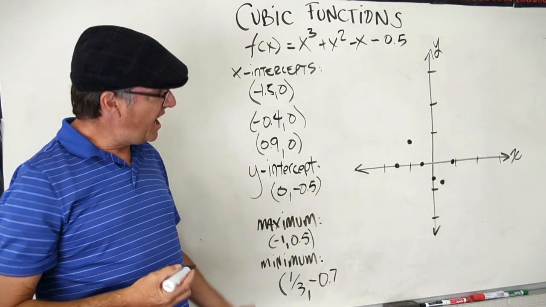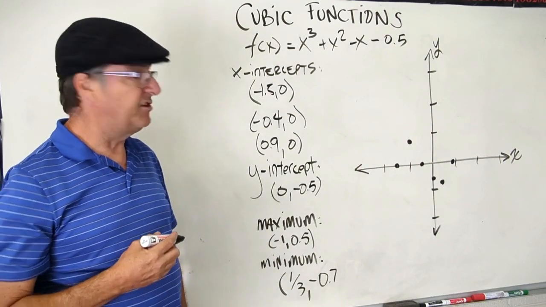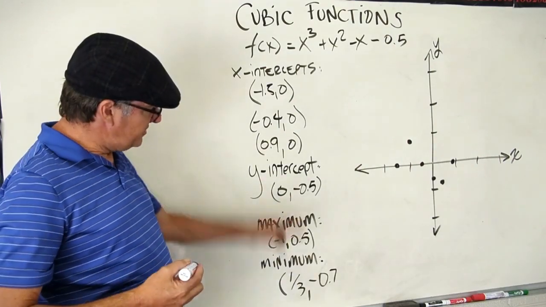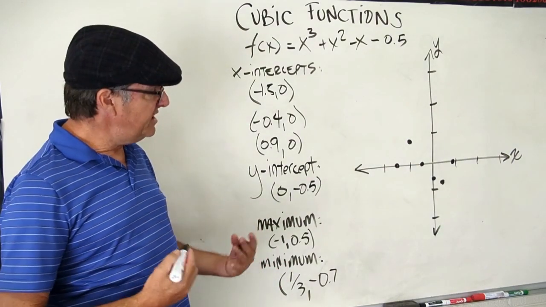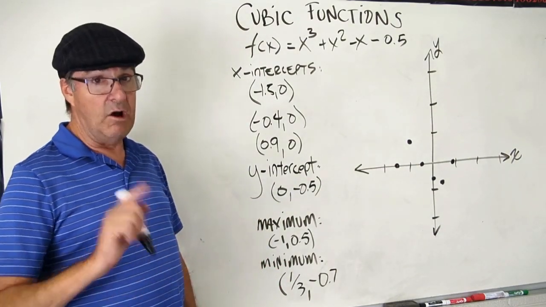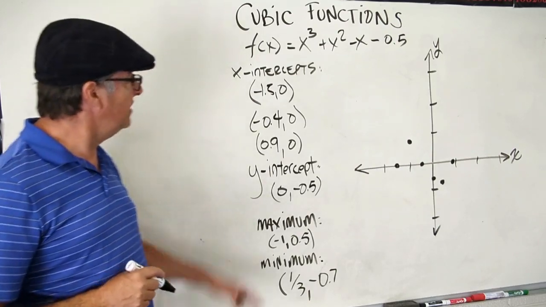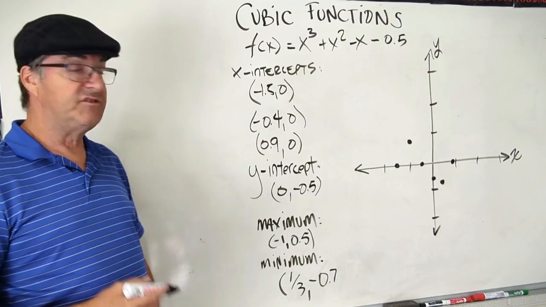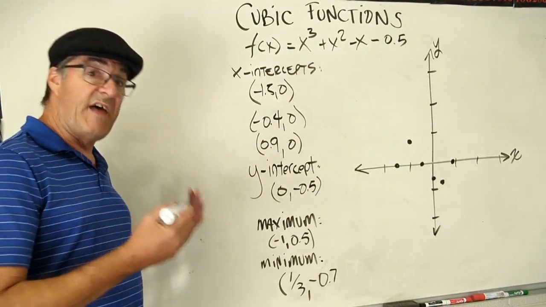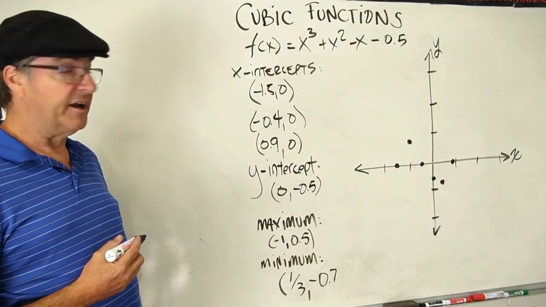So I think you can kind of see how this graph is going to go. Plus, if you got this information, you're looking at the graph on your calculator. So this next step should be pretty straightforward. However, I could give you a test or a quiz question that would just give you this information and ask you to make a hand graph. So you need to be able to do that without looking at that graph on a calculator.